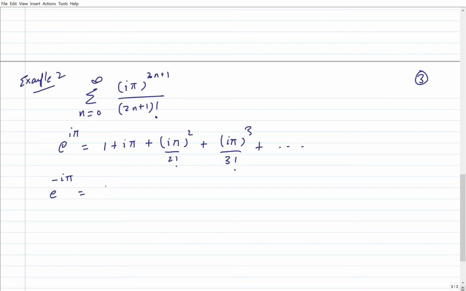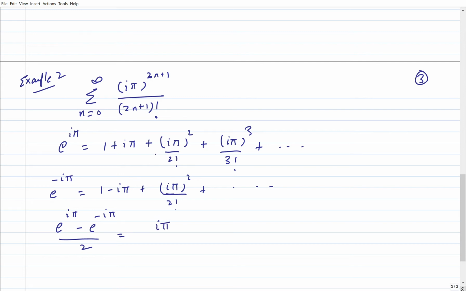So let me try this thing. e to the power minus iota pi is 1 minus iota pi plus iota pi the whole square by 2 factorial, so on and so forth. Now if I subtract one from the other, I get e to the power iota pi minus e to the power minus iota pi divided by 2, and that yields me iota pi.